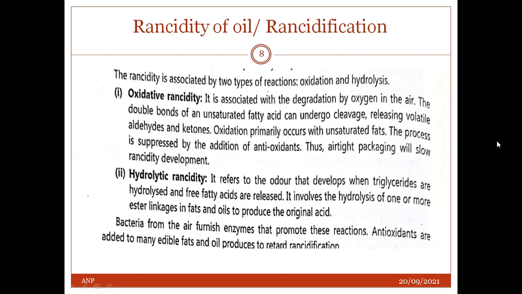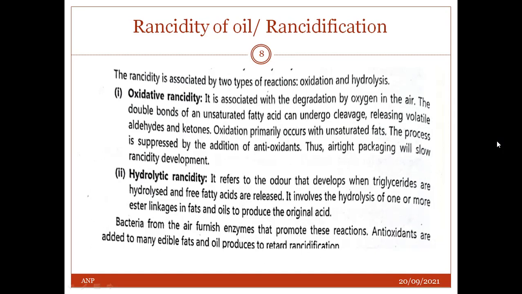The double bonds of an unsaturated fatty acid can undergo cleavage, releasing volatile aldehydes and ketones. Oxidation primarily occurs with unsaturated fat, and the process is suppressed by the addition of antioxidants. Thus, airtight packaging will slow the development of rancidity.